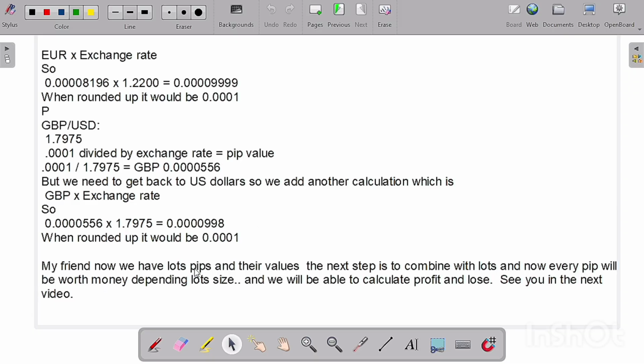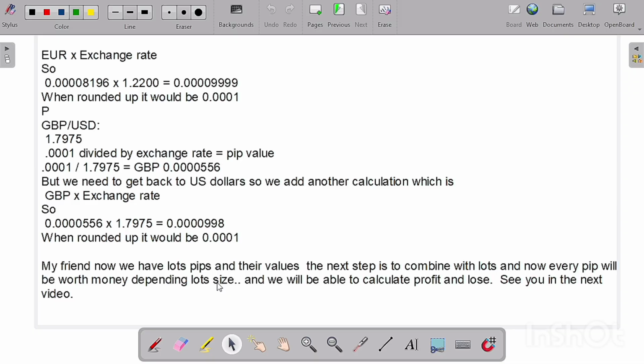Now we have lots, pips, and their values. The next step is to combine with the lots, and every pip will be worth money depending on lot size. Our pip value will be worth money as the money is exchanged between the two currencies.